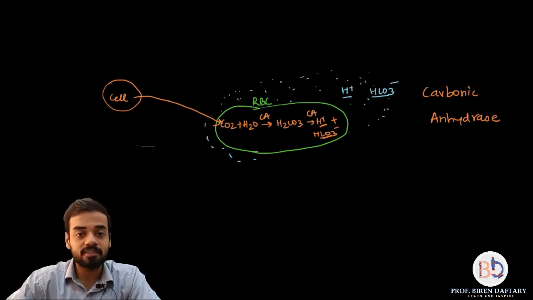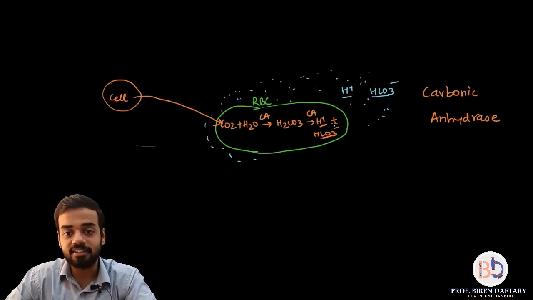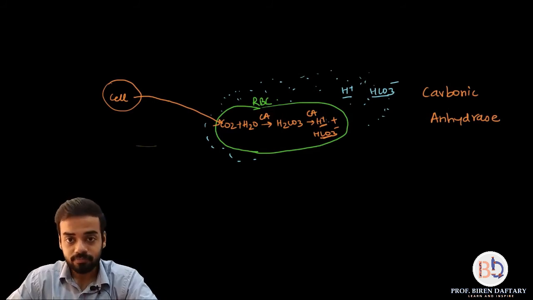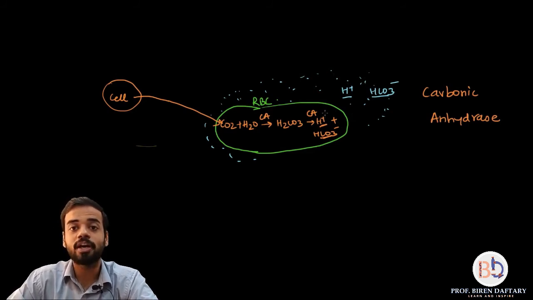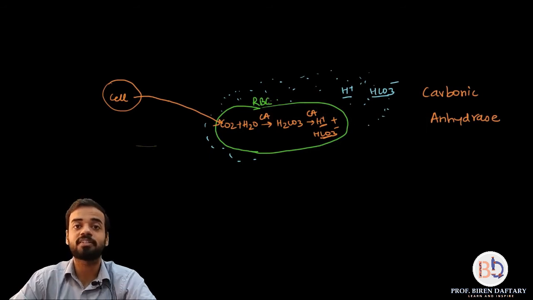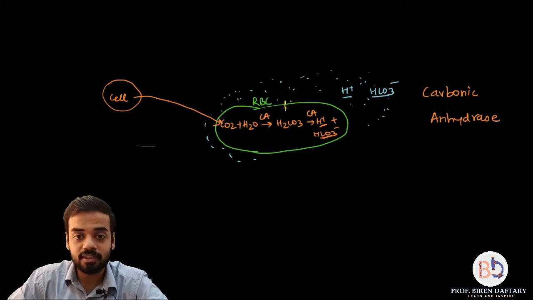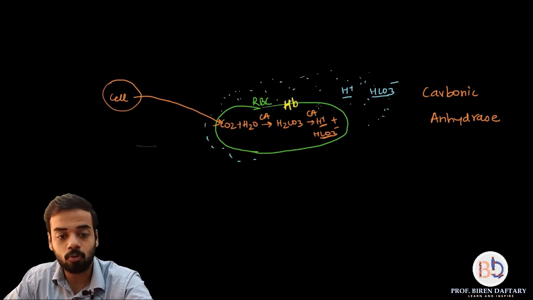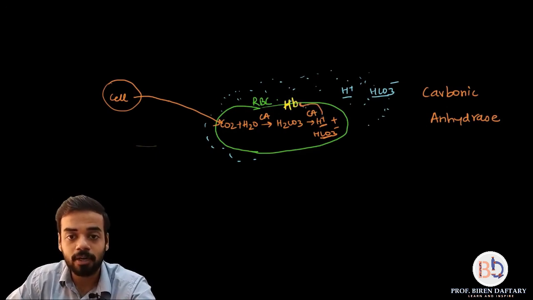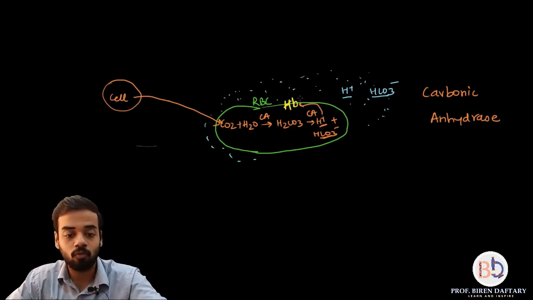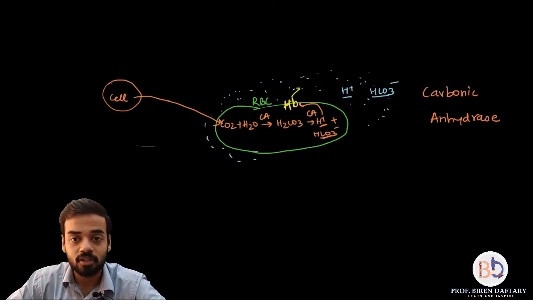But these H plus ions, these protons which are generated, instead of diffusing out, basically go and bind with hemoglobin which is present in the RBC itself. If this is the hemoglobin present in the RBC, then these protons combine with this hemoglobin, and a structure called HHb is formed.